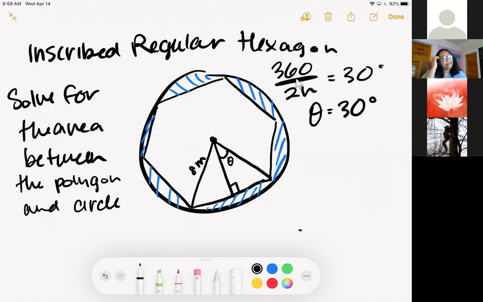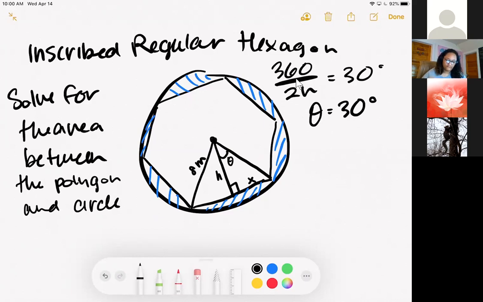And then you'd have to figure out the altitude length and the half of the triangle base to find the area of the triangle. And to do that, you need to use trigonometry.